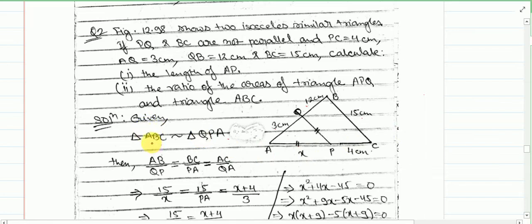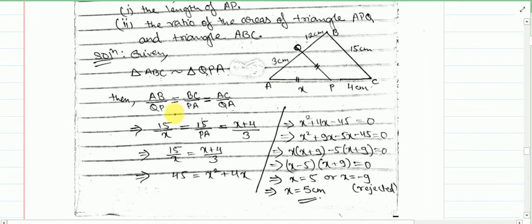So here triangle ABC similar to triangle QPA, then AB upon QP, BC upon PA, CA, or you can say AC upon QA. Okay, so we got this. Now we simply substitute the values.